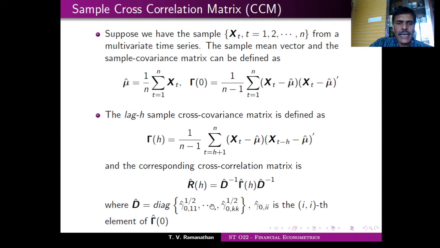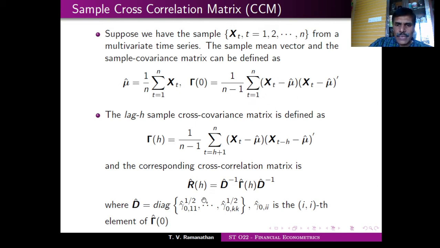These are basically the square roots of the variances. The kk entry is the variance, that means the variance of each of these components, and you construct a diagonal matrix. If you take the square root of that, then it's a standard deviation. So these are basically the standard deviations of the components.